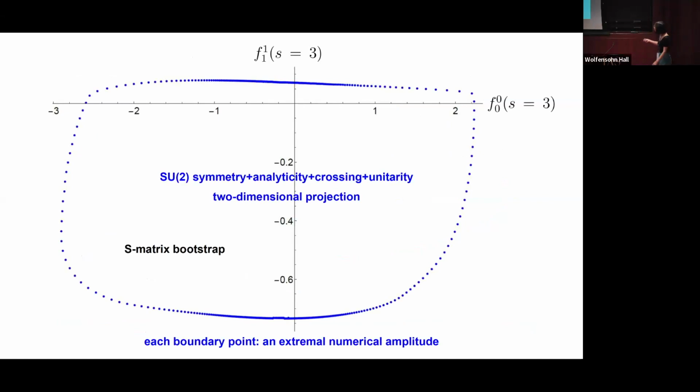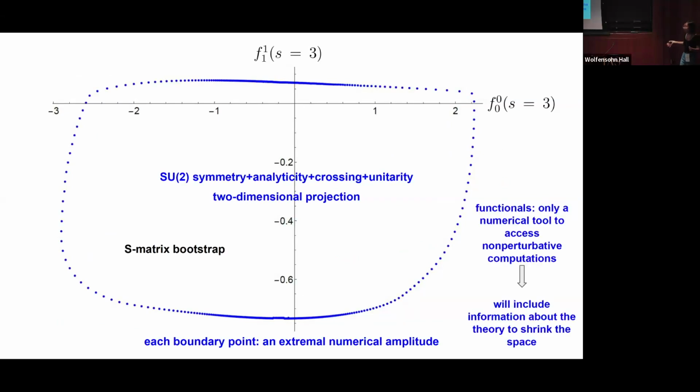It might be a little bit confusing what this functional means. For us, it doesn't have specific meaning. We only use them as a numerical tool to be able to access some non-perturbative computation. And as we'll see, we're going to include the information about the theory we want to solve to shrink this space to very small.